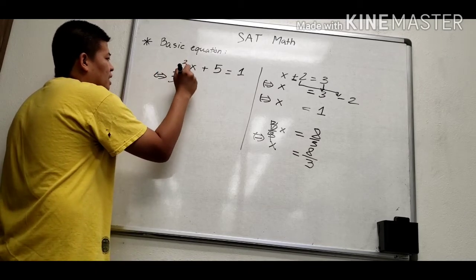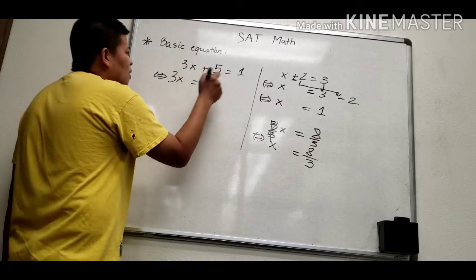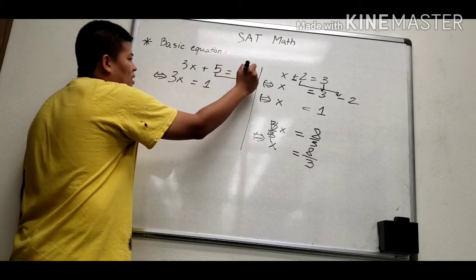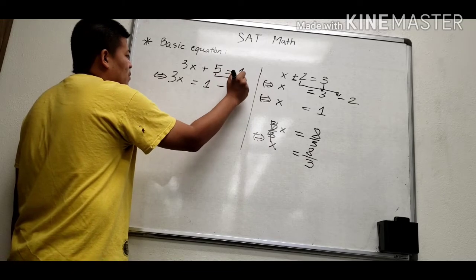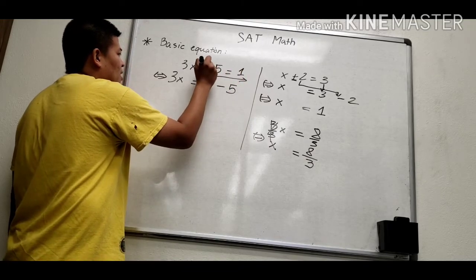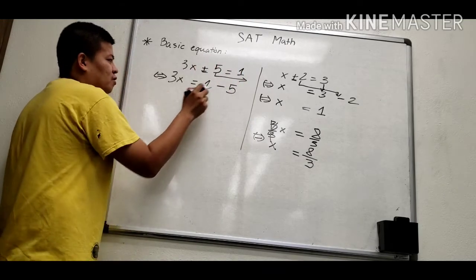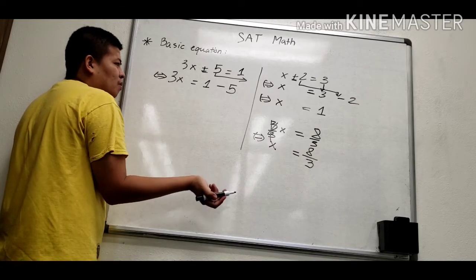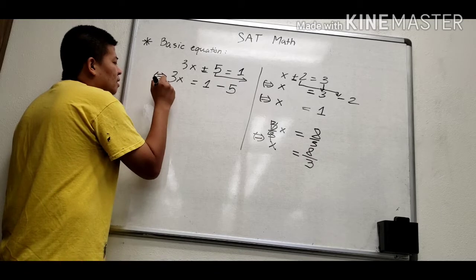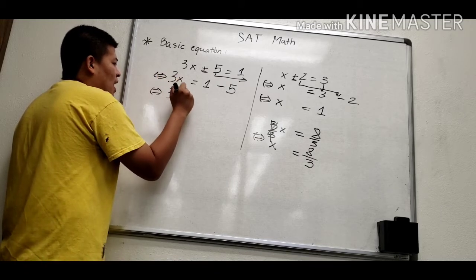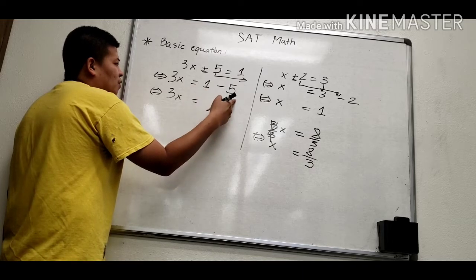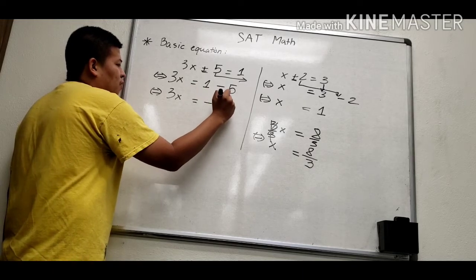So let's do this equation. We have 3s here, and we have number 1. We move number 5 to the right side, and it changes to -5 because a positive number changes to a negative number if it moves to the other side of the equal sign. And we have 3s equal to 1 minus 5, which is -4.